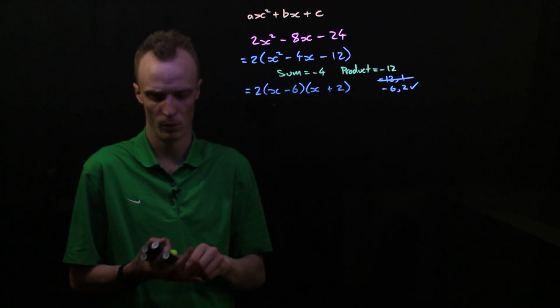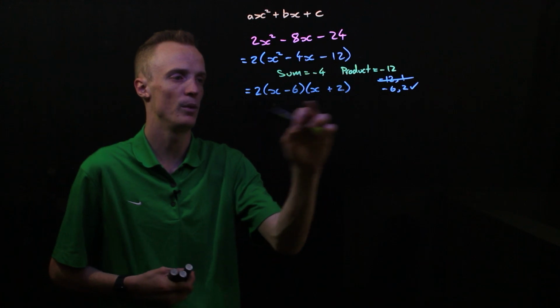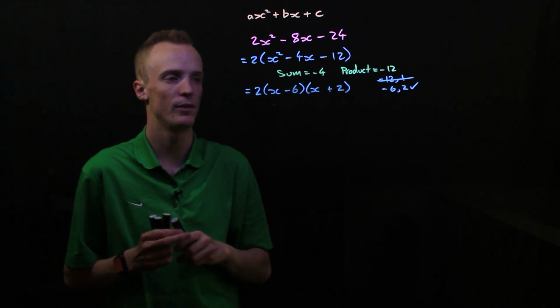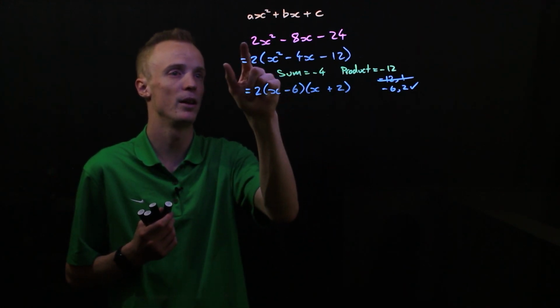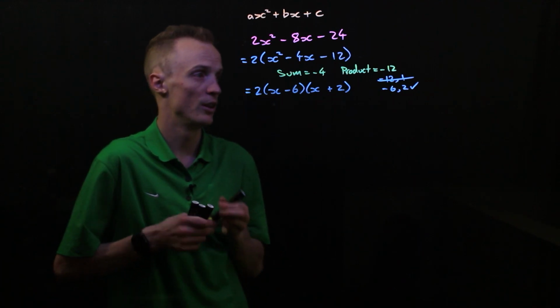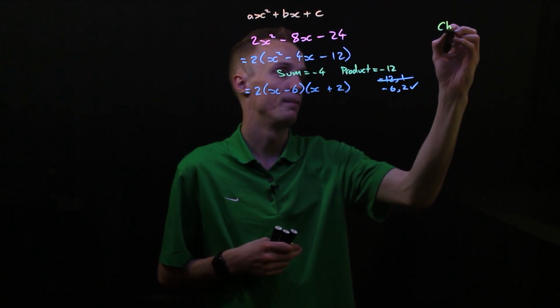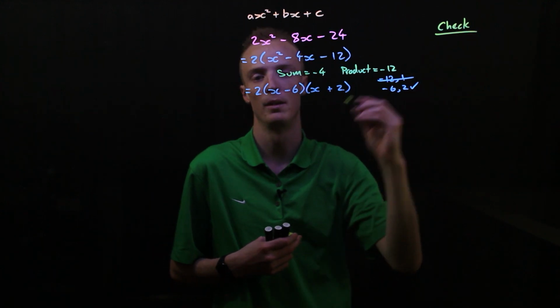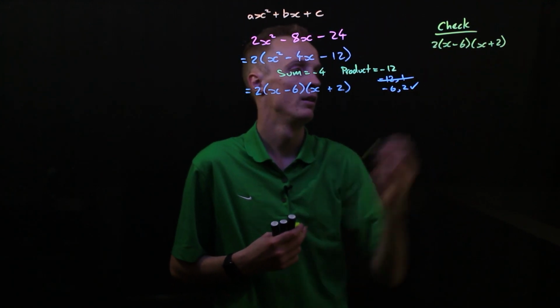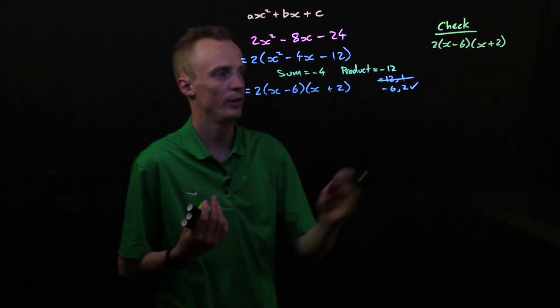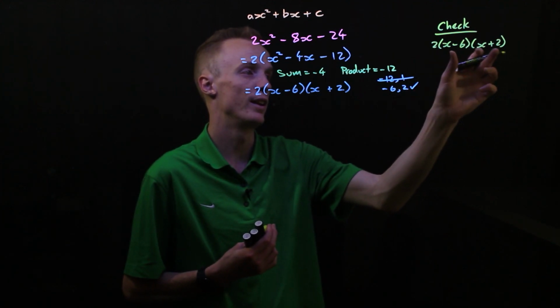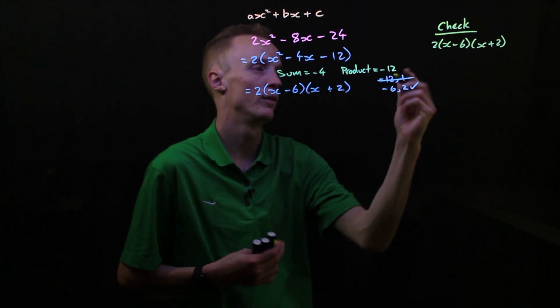Now, as with before, we can check to see whether this here is in fact equivalent to the expanded form that we started with. So let's check this by expanding it out. I'm going to rewrite it to begin with. Now, to expand this, I'll first expand the quadratic that I've got here, so these two brackets.